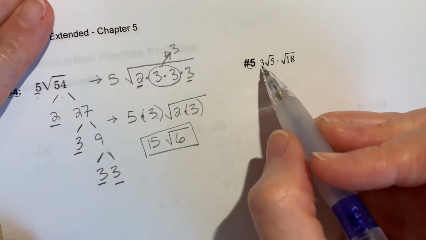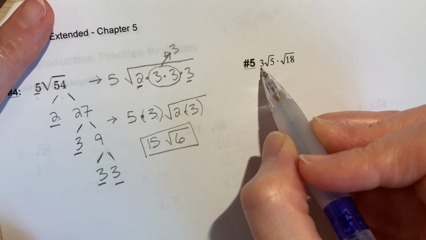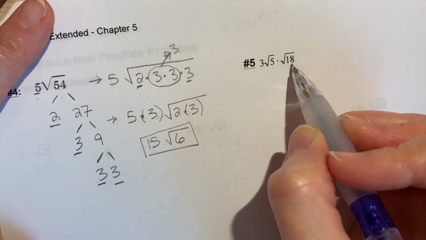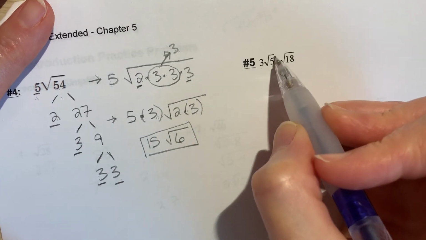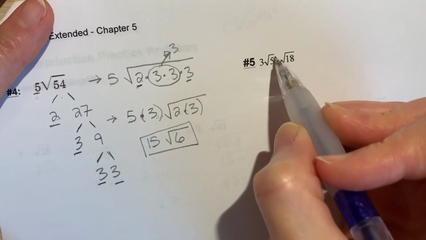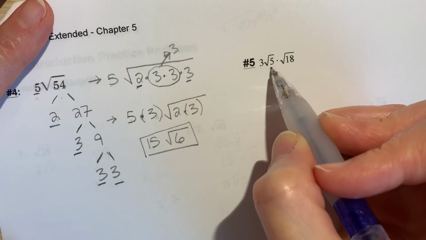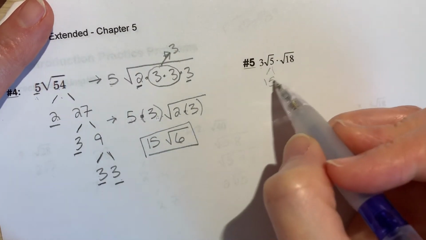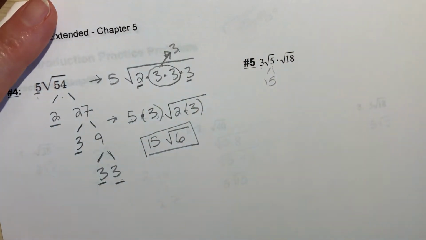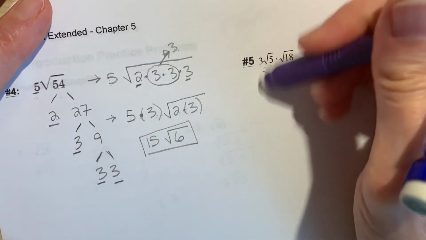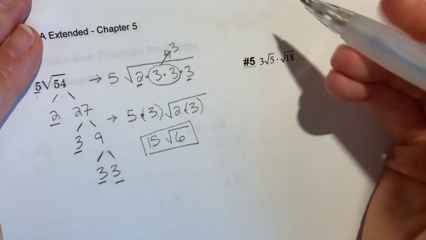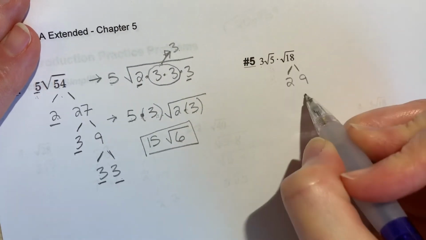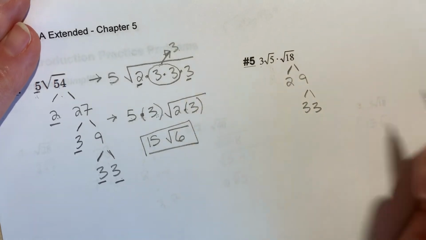All right, let's look at this one. So I see I already have a 3 outside the jail here, and I have a 5, and then I have a square root of 18. Now 5 is a prime number, so I can't really simplify this any further because 5 would just tree into 1 times 5. So I'm not going to do that tree, but 18 I know I can do a tree on because right away I think, oh, 18, that's 2 times 9, and 9 is 3 times 3.